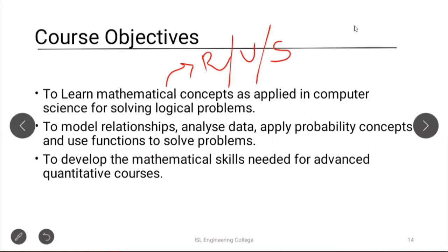Also, logical problems. Logical problems are what we'll study in the first topic of this course. So, the objective is to learn mathematical concepts and solve logical problems.